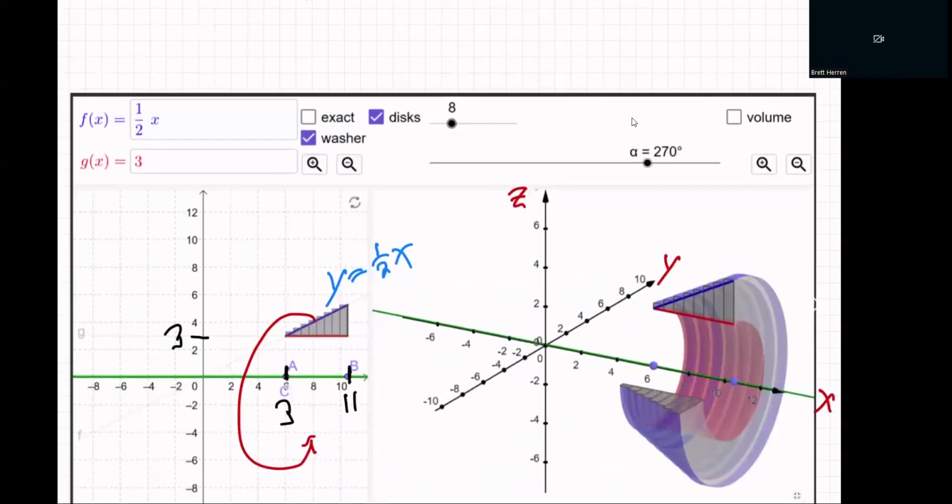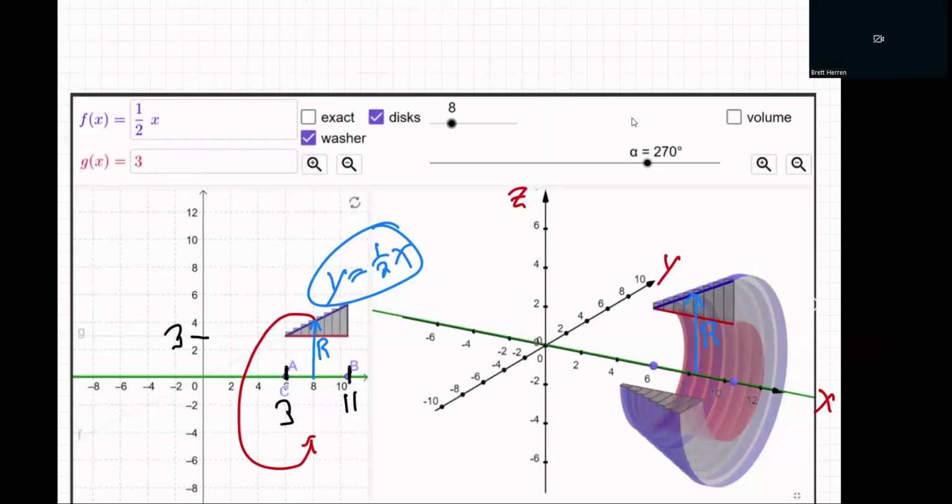How far out is the big radius? It goes from the middle up to there. There's the big radius, and it's going up to that line, y equals a half x.